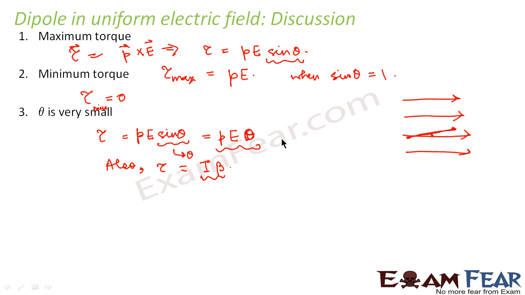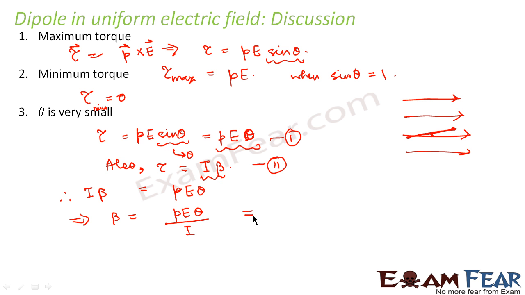Torque is equal to PE theta, and torque is also equal to I into beta. If you equate the RHS of 1 and 2, you get I beta is equal to PE theta. So from this, beta is equal to PE theta divided by I.